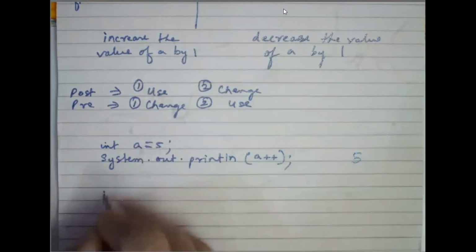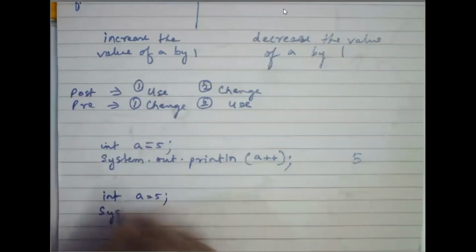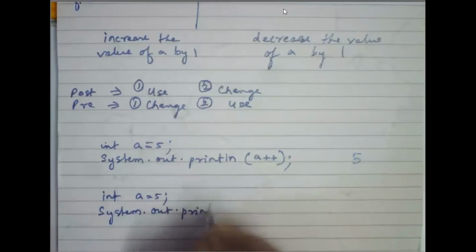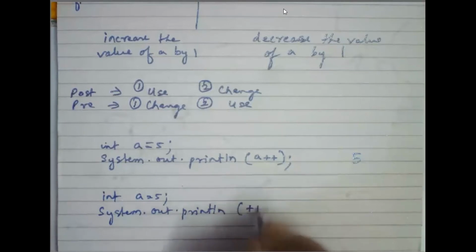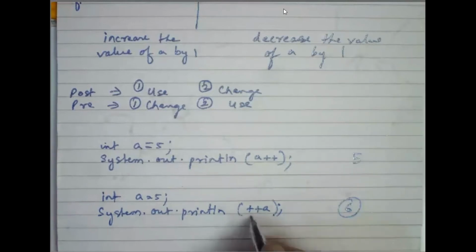But if the question had been a = 5 and System.out.println(++a), in that case it would have printed 6. Why? Because first it would have increased the value of a, that is, changed the value of a to 6, and then it would have been used, or printed, as 6.